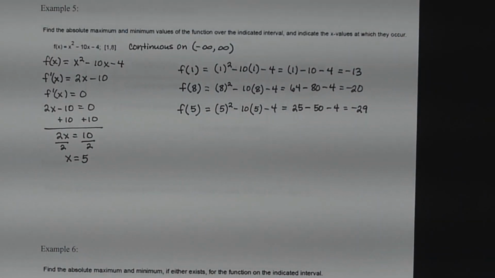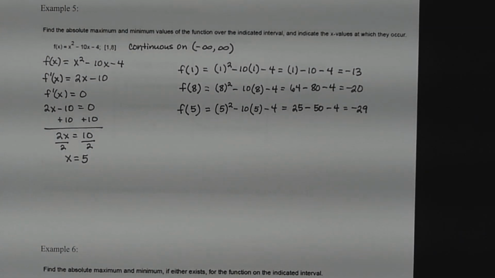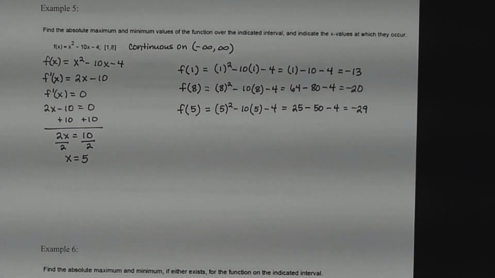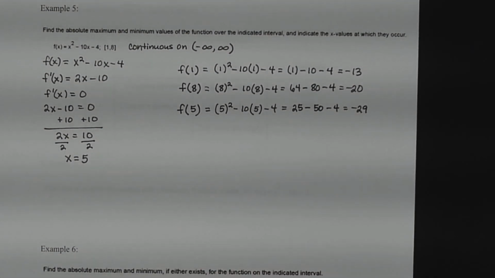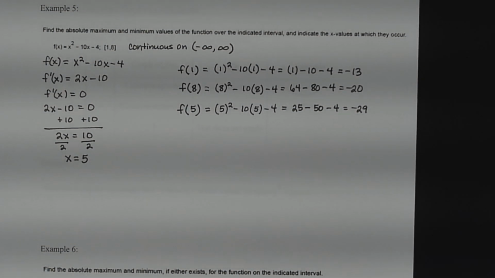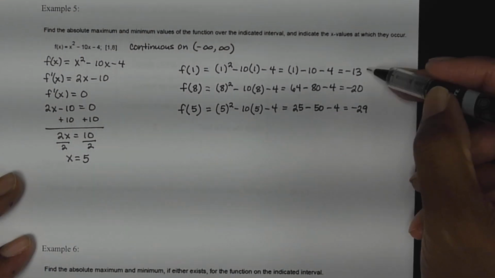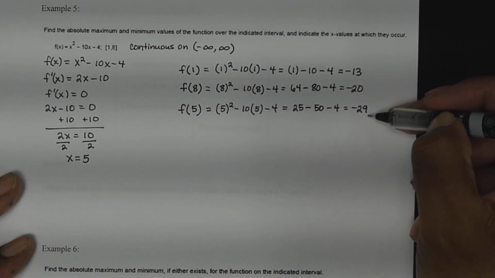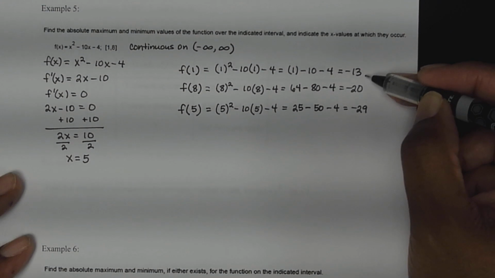Okay? So now I need to find out what the absolute maximum is. That's going to be the largest of the values found from step 3. The absolute minimum would be the smallest of the values. The largest here, the number closest to 0, will have to be negative 13.